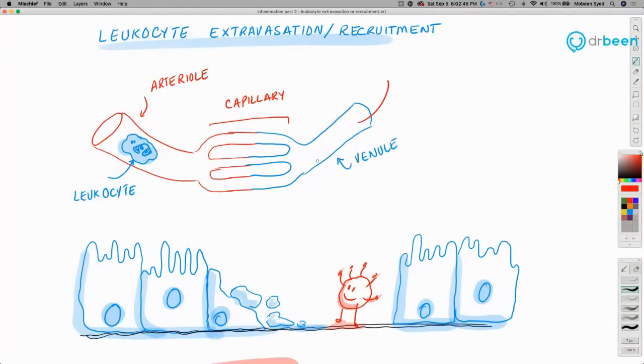This is where the leukocyte would come out from. So keep in mind, leukocytes do not come out through the arteriolar end except in some specific areas. Leukocytes also do not come out from the capillaries except in the pulmonary tissue, where they can come out of the capillaries. And most of the time, leukocytes would come out of the venular end.